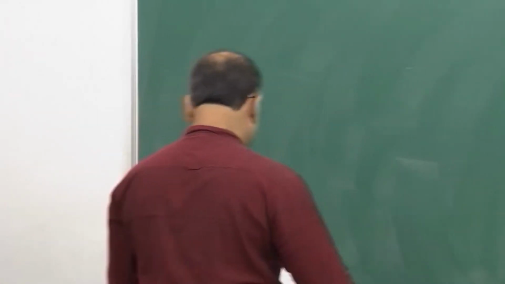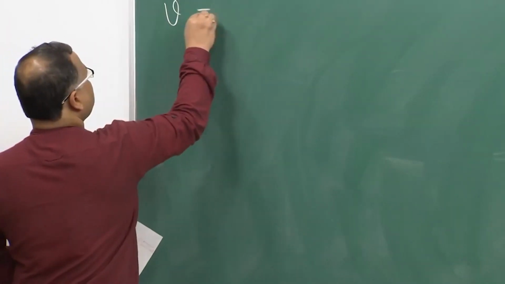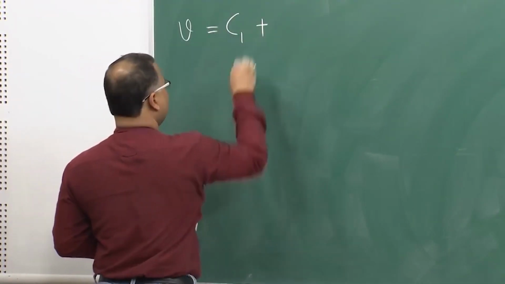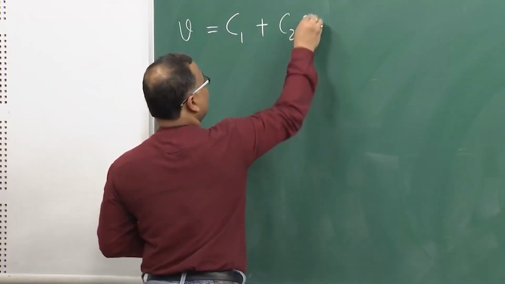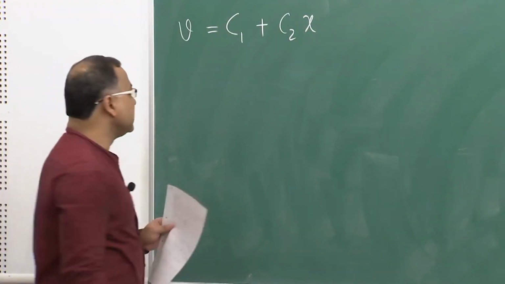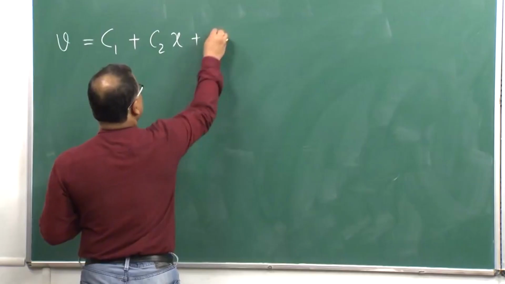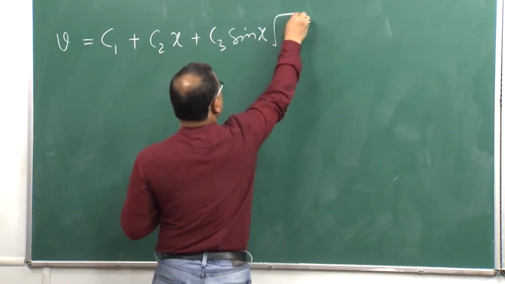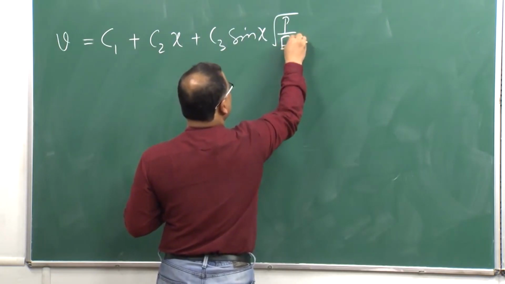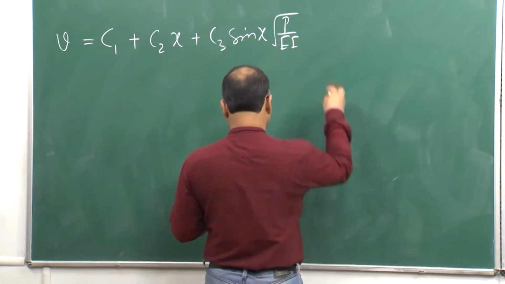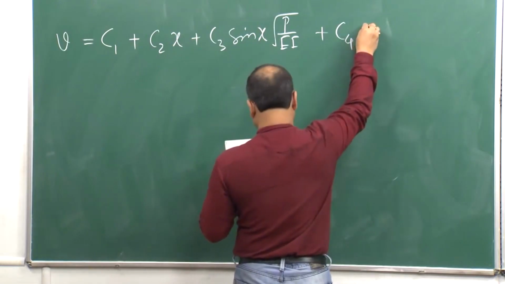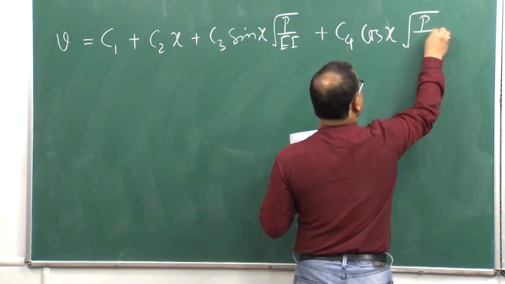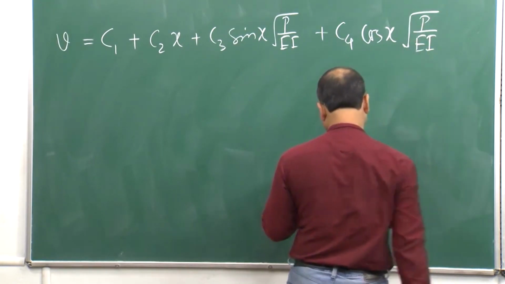Fine. So, we will start from our basic equation, v equal to C1 plus, if you go back to your previous class note, C2x plus C3 sin x root over P by EI plus C4 cos x root over P by EI.